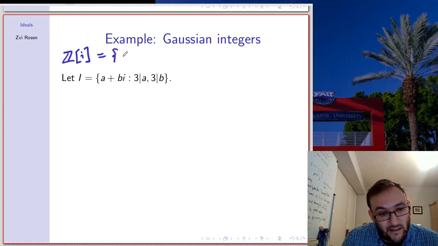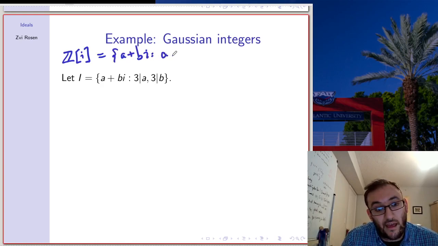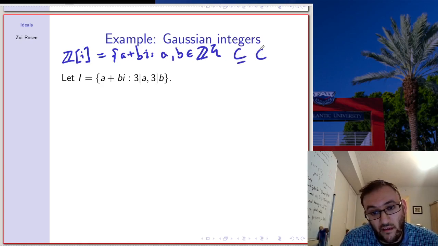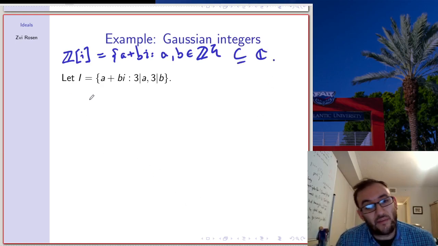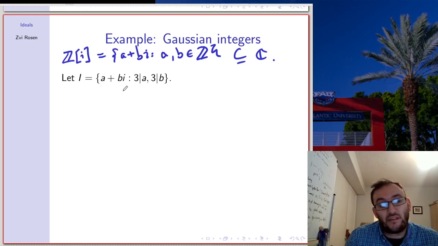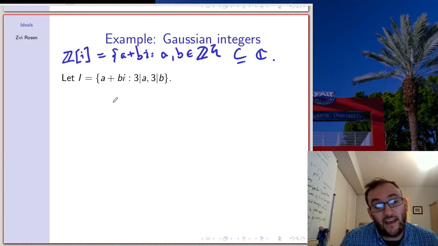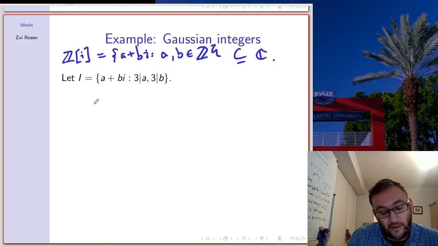This is the set of a plus bi where a and b are both integers, and this is a subring of the field of complex numbers. We're going to let I be the ideal made up of complex numbers of the form a plus bi, where 3 divides both a and b. So we're going to claim that this is an ideal and it's maximal.